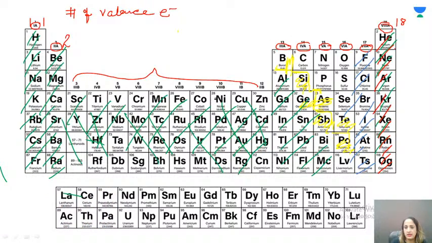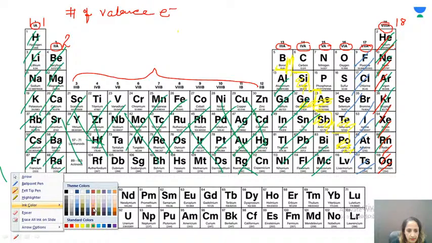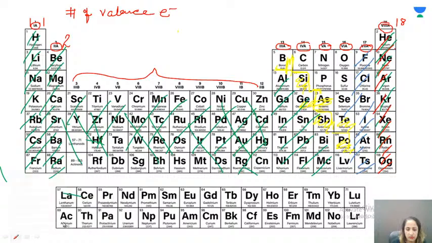Okay, and now we are left with a couple of elements that I will shade, let's say purple. So we have CHNOPS, CHNOPS, and we will also consider H in this category.